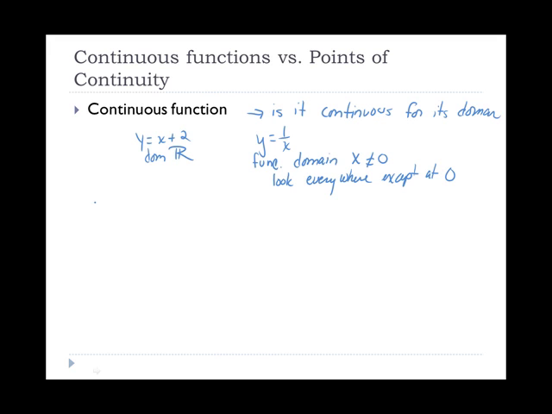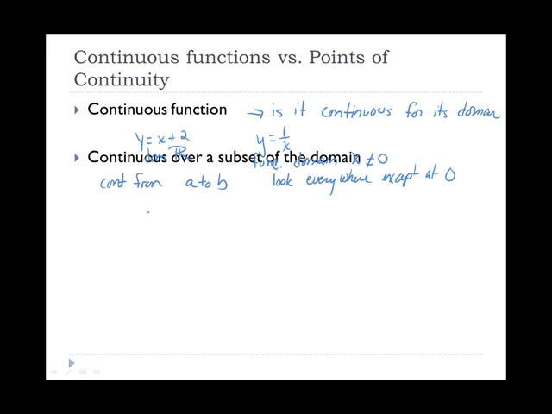Now, I can also ask you, is it continuous over a piece or subset of its domain? And that's what we kind of just looked at. I might say, is it continuous from A to B? And if so, then it has to be continuous right up to the endpoint.